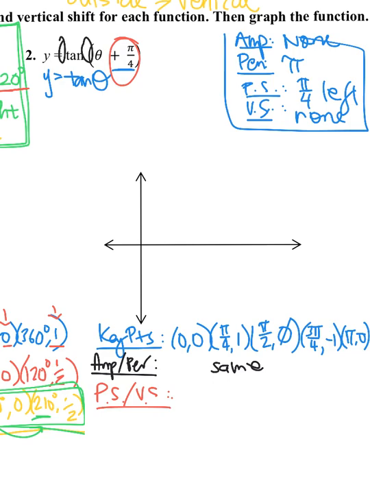So I'm going to subtract pi over 4 from all my x coordinates. Okay, so subtract pi over 4 from all your x coordinates. All right, and because there's no vertical shift, all your y coordinates get to stay the same.